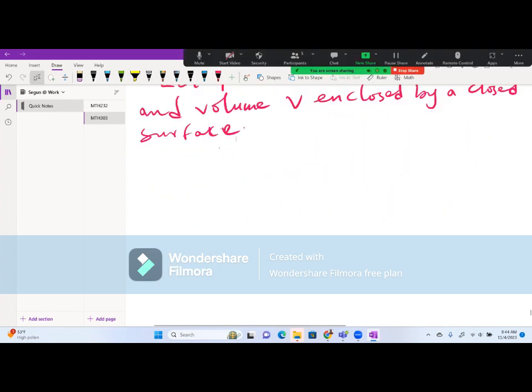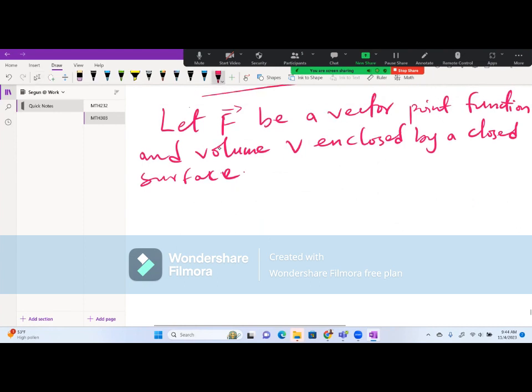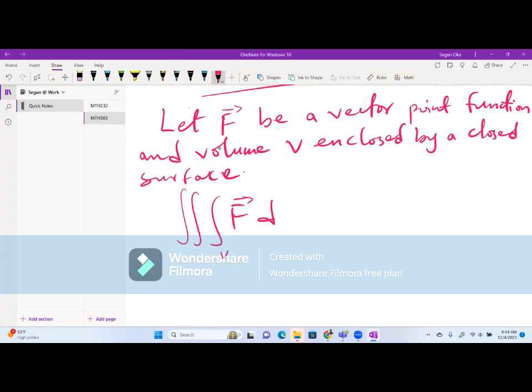So we have the volume integral is triple integral of F dV, and our dV is equal to dx dy dz.